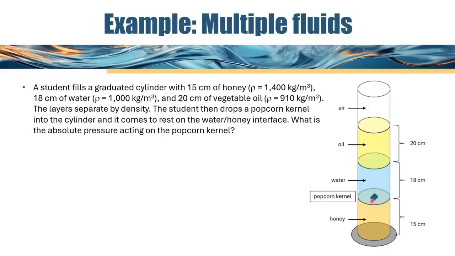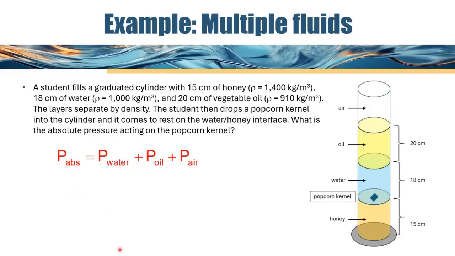So this is the popcorn kernel. What is the absolute pressure acting on the kernel? So the absolute pressure is going to be equal to whatever is above the kernel. And that is going to be water, oil, and air. So again, the honey doesn't come into play.